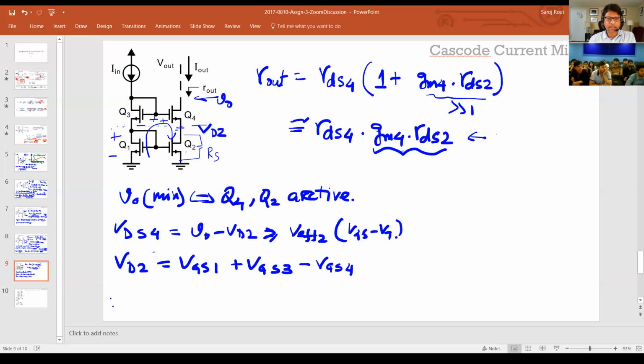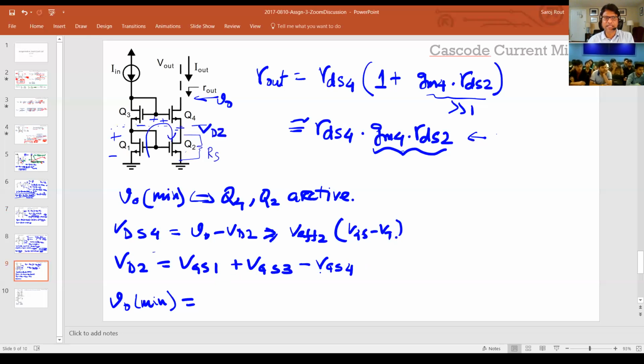So if I write the whole thing now, V out minimum needs to be, like as we said, VD2 plus V effective. Now, if everything is sized the same, let's assume that these are not scaled current mirrors, they're all the same, then all these quantities are the same. VGS4 is equal to VGS3 equals VGS1 equals VGS2 and so on, right?